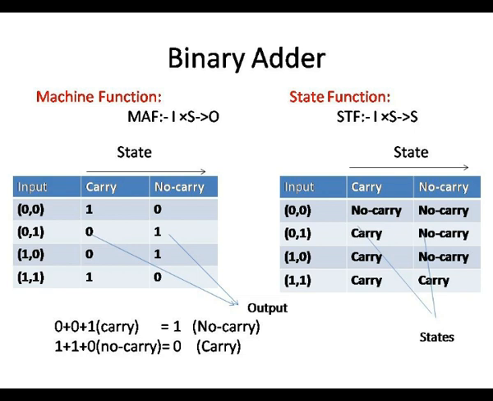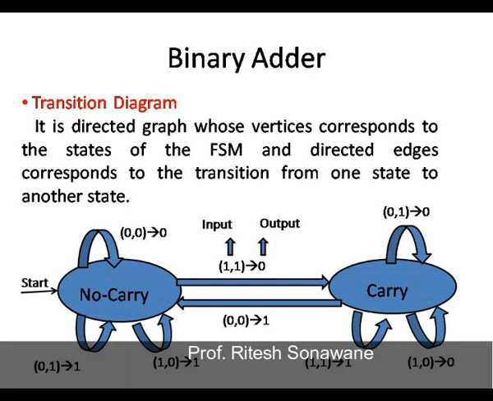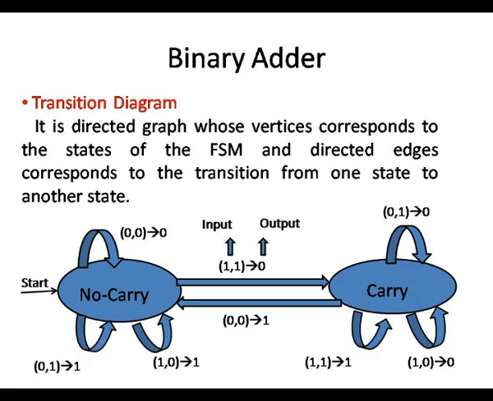A more convenient representation of the machine is possible with the transition diagram instead of the state table. This figure shows the transition diagram. It is a directed graph whose vertices correspond to the states of the finite state machine, and directed edges correspond to the transition from one state to another state on the input symbol written above the directed edge.